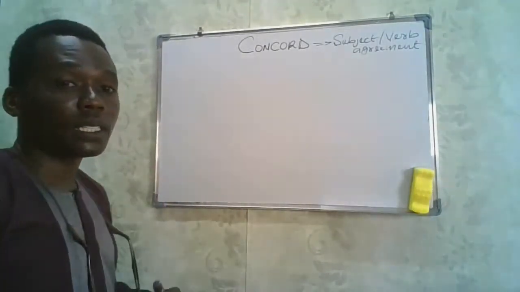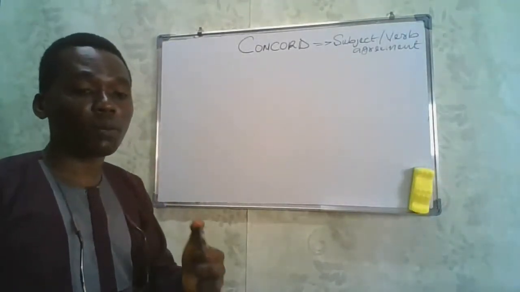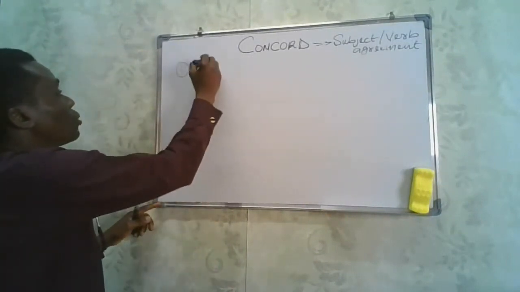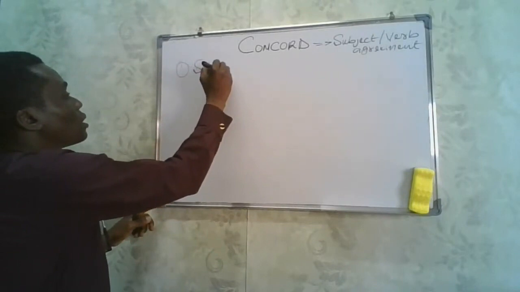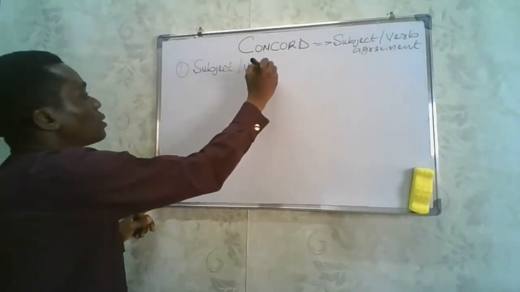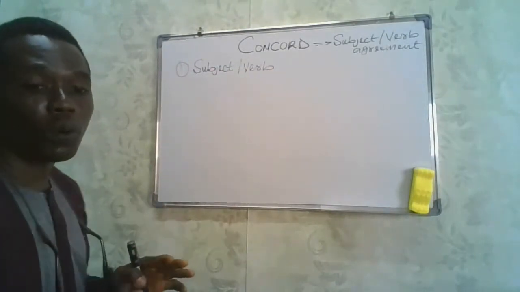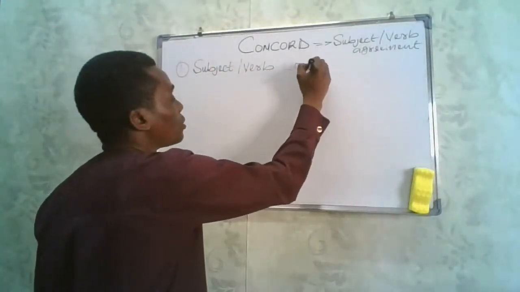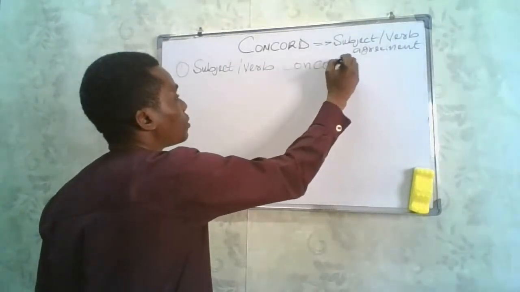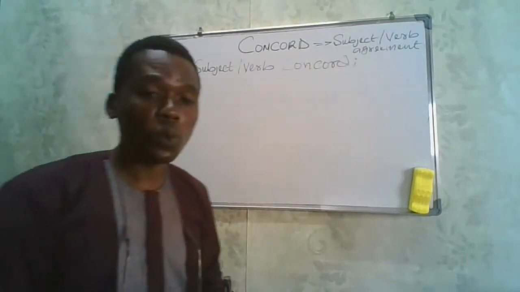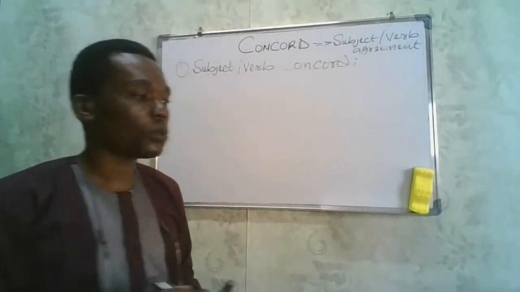The first type of concord we are going to look at is the subject slash verb concord, or we look at it as subject and verb agreement concord. Now, under this concord, what do we need to know?